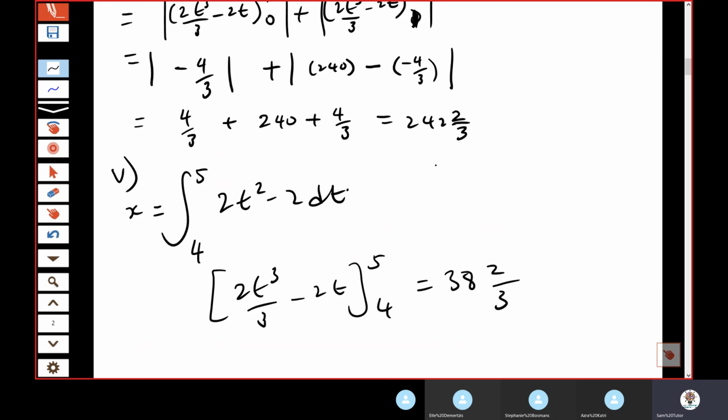So if you want to check it in your own time at home, if you do exactly what we just did above for 4 seconds, what it should have given you is 242 minus 38. Should have given you 204. The distance at 4 seconds should have given you 204. So when you subtract it, it gives you 38.